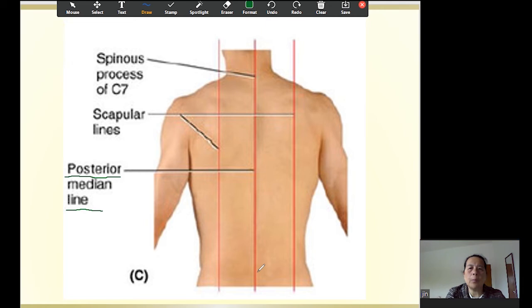And then we make two lines following the medial edge of the scapular bone. So we make two lines here, and we just name it the scapular line.